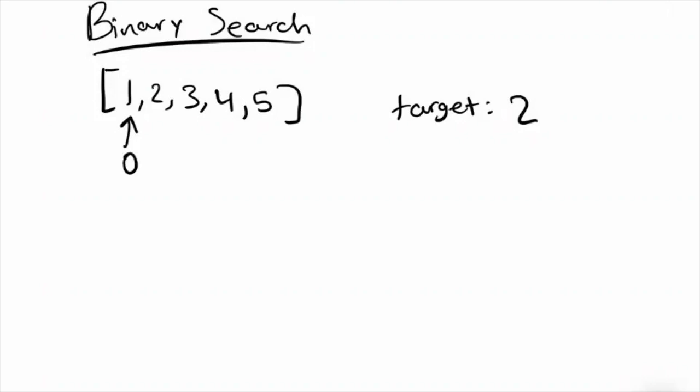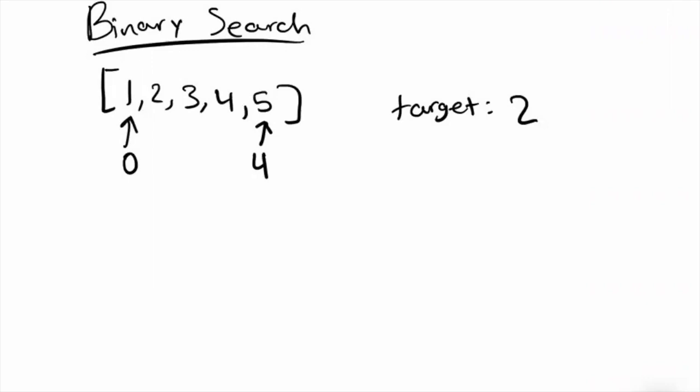So 0, but the element in the low index is 1, and the element in the high index is just going to be our last element. Or in this case, since we have 5 elements, array.count - 1, which is going to be 4. So our low index is 0 and our high index is 4 when we start out.